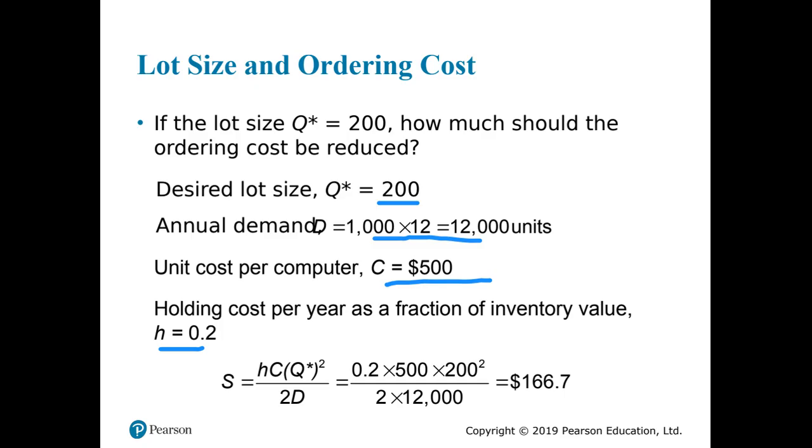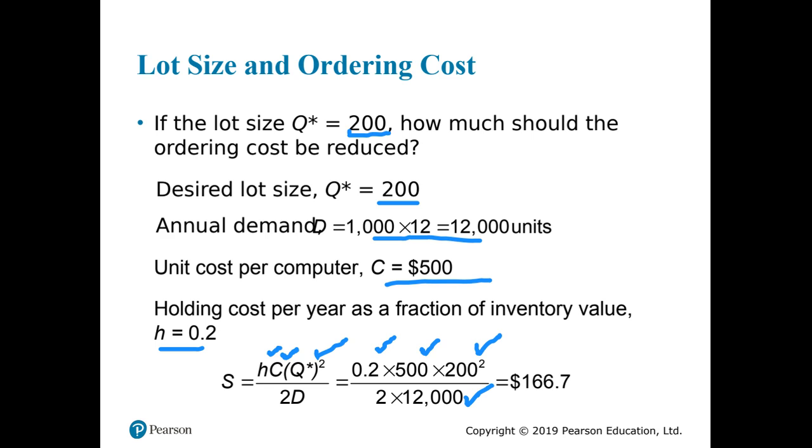It's going to give us 0.2 is the holding cost, 500 is the cost per computer, and Q is 200, which is the economic order quantity we established here. D is the demand.